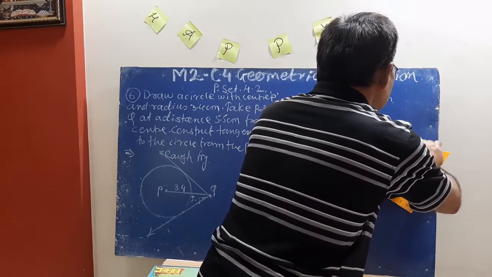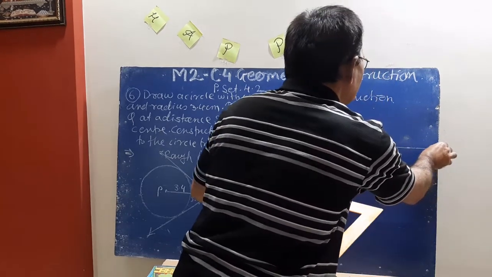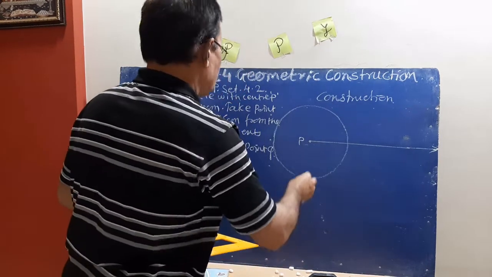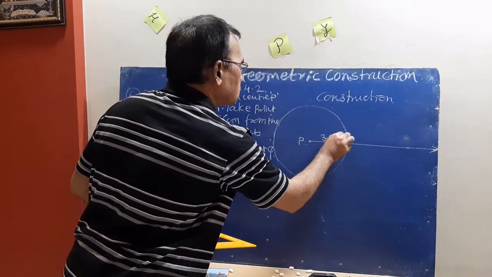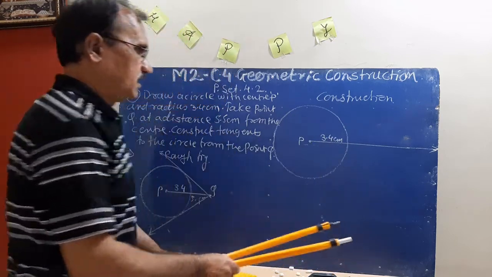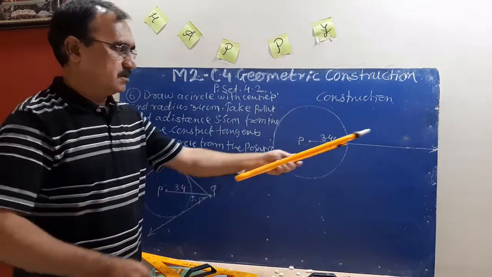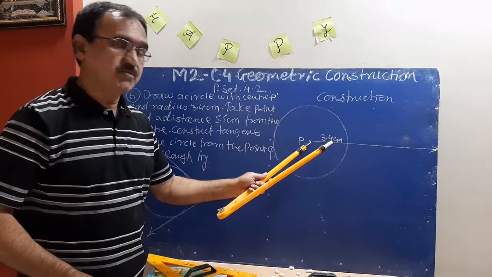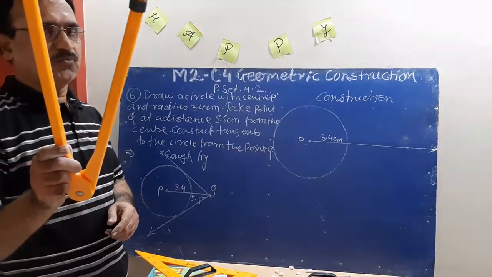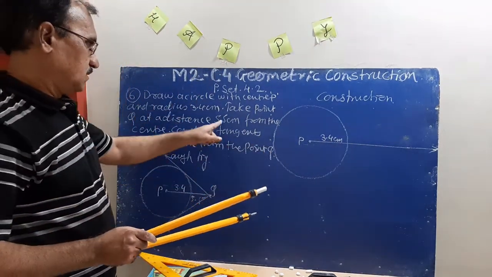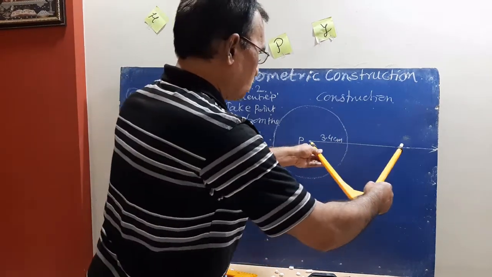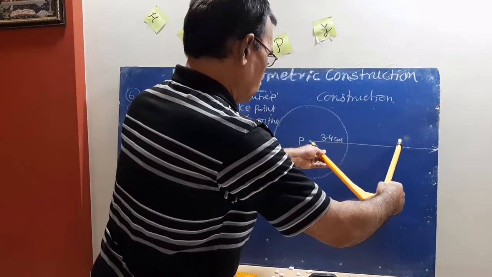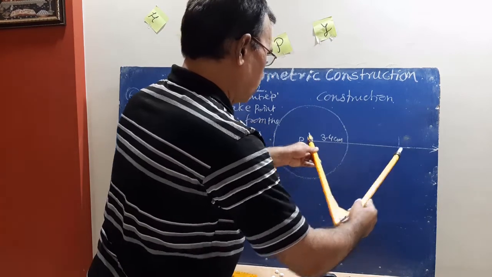First extend this ray from the center. This radius is 3.4. Take distance 5.5. Put the pointer on point P and draw an arc having distance 5.5.